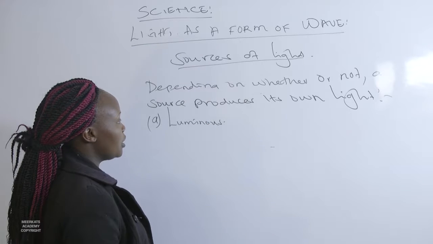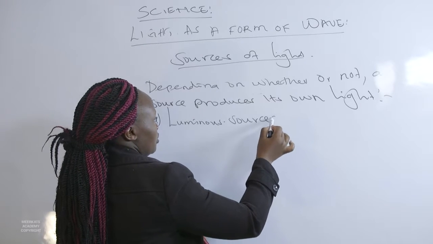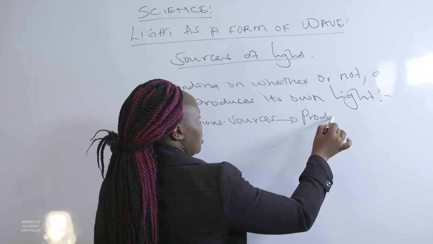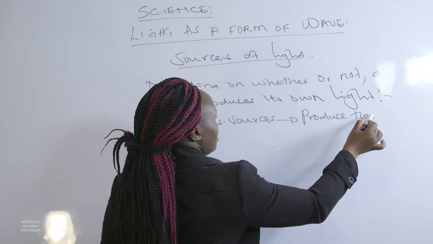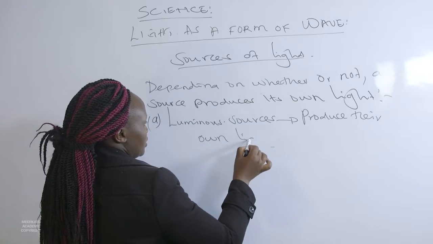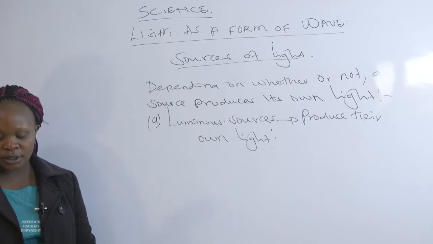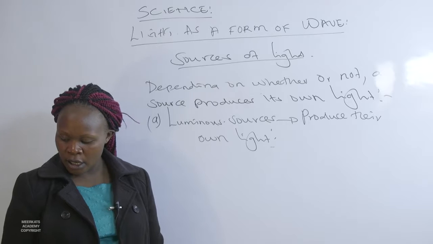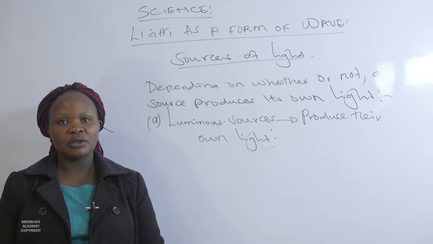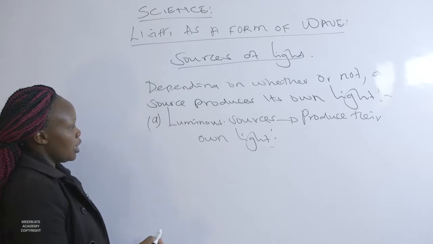We have the luminous sources of light, and these ones produce their own light. A luminous source is one that produces its own light.